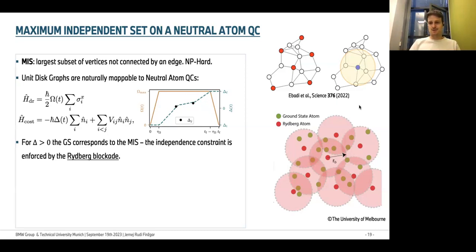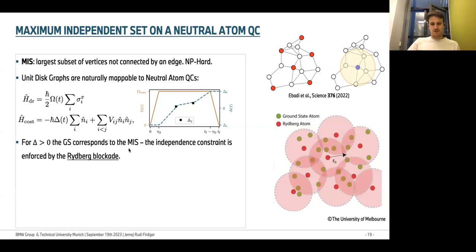And this naturally maps to the maximum independent set on unit disk graphs, where you also have this independence constraint that no two atoms that are connected by an edge, or that are in spatial proximity to each other, in this case, can be simultaneously excited or simultaneously put into the independent set.